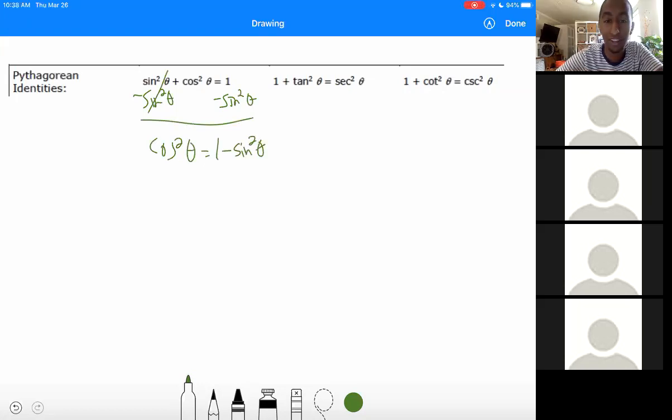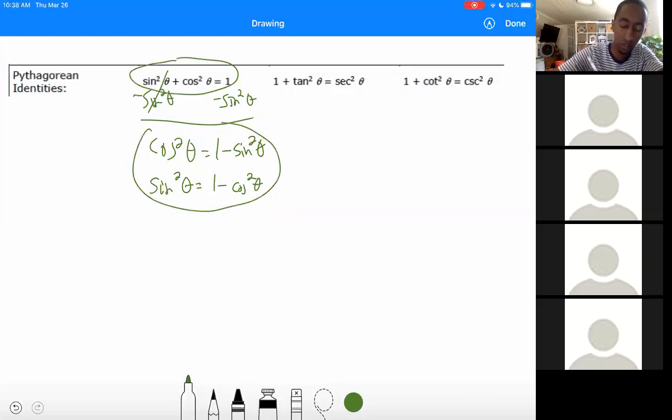It can be written like that, right? Or it can be written like sine squared of theta equals 1 minus cosine squared of theta. So what I would do later is write these two next to this one as well, because when we're solving, you're going to be looking for patterns.